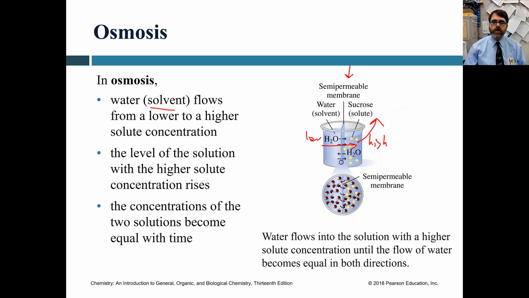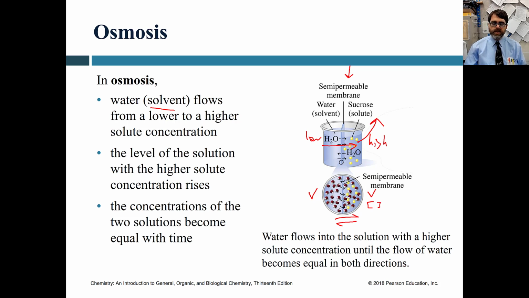You end up with a higher volume. However, the water doesn't really care which side it's on, and it passes back and forth between the two sides and ends up establishing an equilibrium. And in that equilibrium, then, you end up with a certain volume of solvent over here and a certain volume over here that has then a certain concentration there.